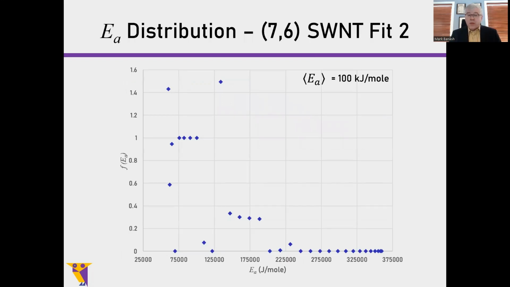You'll notice that we get a pretty good correlation between the mass loss curve and the fitted data. But the more important thing is the activation energy distribution. So let's take a look at this. You can see along the x-axis the various activation energies, and you see that we get something that doesn't really look like a Gaussian. I don't know what it looks like, but the expected value of the activation energy is 100 kilojoules per mole. That's different than what we had before. It's lower. Now, I'm not going to argue about why this is different, except the fact that let's remember that the Kissinger analysis is fairly basic. It just looks at a highly averaged value.